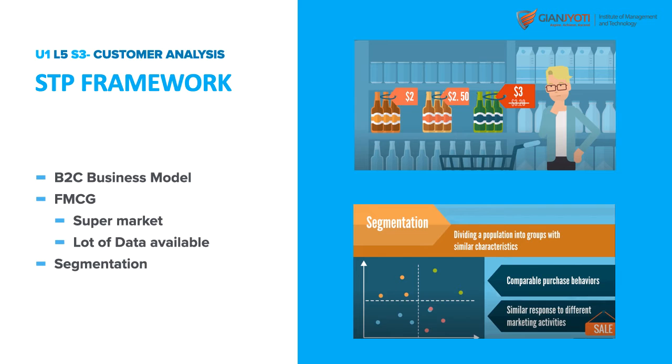So one is based on purchase behavior, and the second is based on the pricing and promotion tactics that we used in the past, where we know the response is the same. That is another segmentation parameter that we use. Based on that, we do the segmentation.